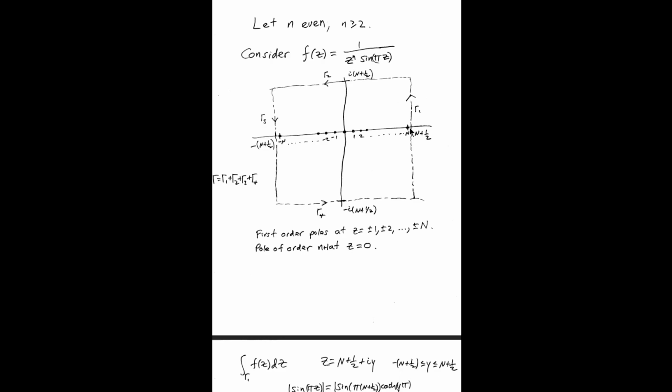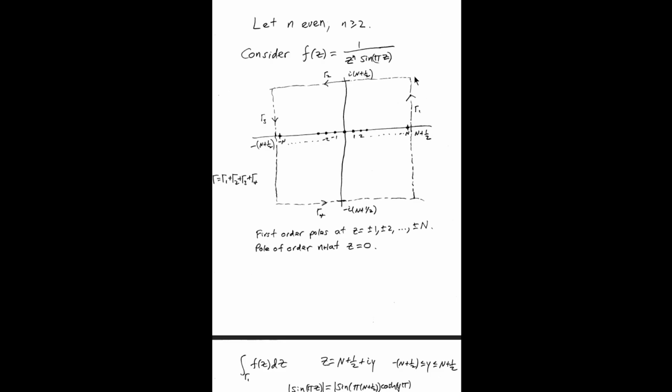Notice we want to avoid the integers on the x-axis, so we're going between n and n plus 1. The reason is that at the integers, the denominator would be 0, and we want to avoid that at all costs. We continue on gamma 1 to the upper right corner.